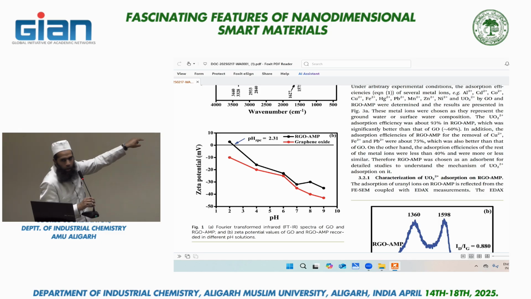But when we apply the same to the reduced graphene oxide, we get the zeta potential in the positive part. It means that we have some functional group which can easily acidify at this point. Therefore, we get the zero point charge at 2.31. When we cross this pH, we get negative values. This is also the difference which we observed after the modification.